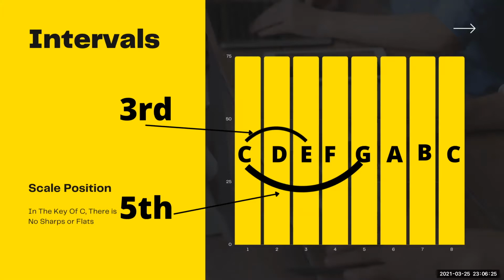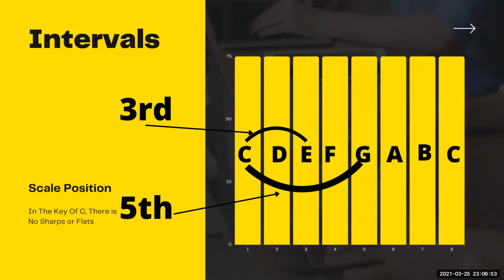Intervals are the distance between two notes. So our starting point is C. If you memorize the scale positions for the key of C, you've memorized the intervals. C to D is what we call a second, but we don't need that, so let's not worry about it. C to E, we do need, that's a third. And then C to G is a fifth.